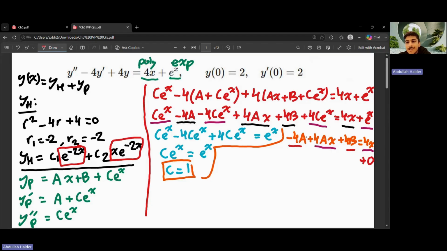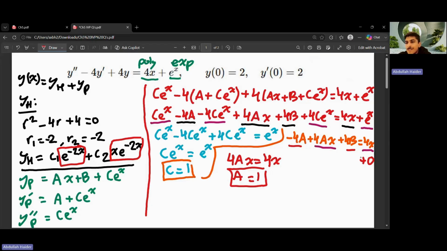So you merge the constants with the constants, you merge the x with the x. So after this, you'll get 4ax is equal to 4x, and then you'll get your a is also 1.